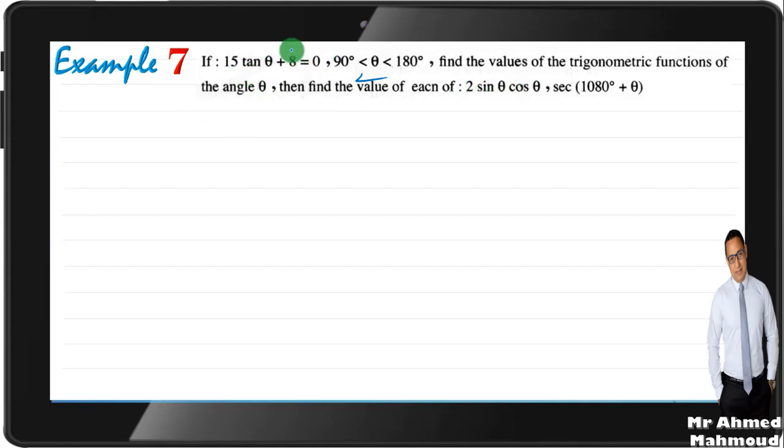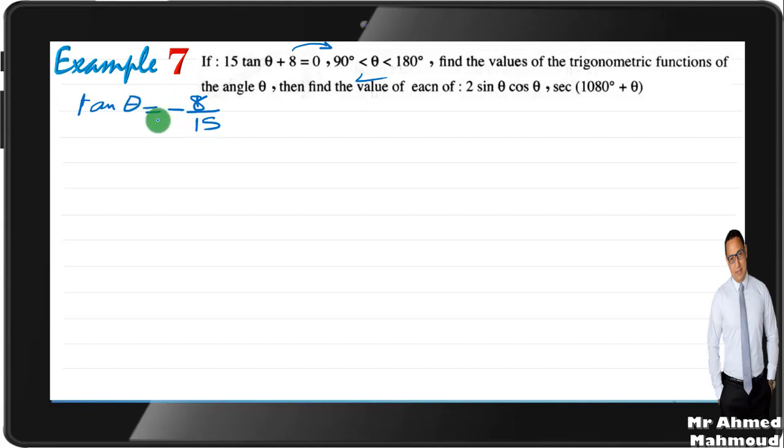I'm going to send 8 here, it will be minus 8. 15 tan theta equals minus 8. And then I'm going to send 15 to divide, so it will be negative 8 over 15. So tan theta equals negative 8 over 15.